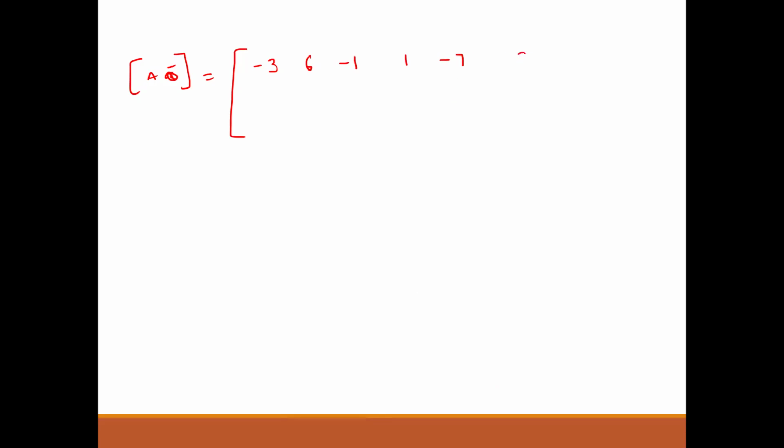So 0 bar means we will write 0 here. And 1, minus 2, 2, 3, minus 1, 0. The other one is 2, minus 4, 5, 8, minus 4, and this is 0. So this is the augmented matrix A0.